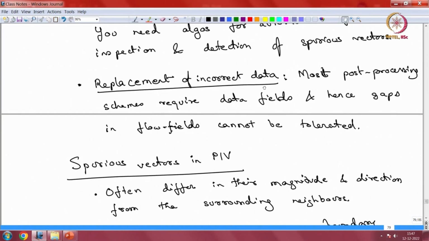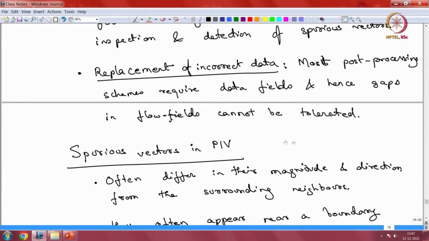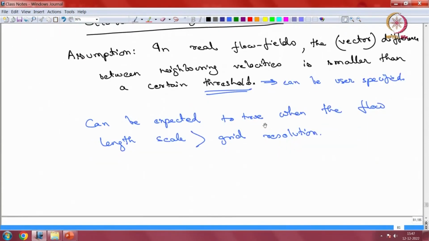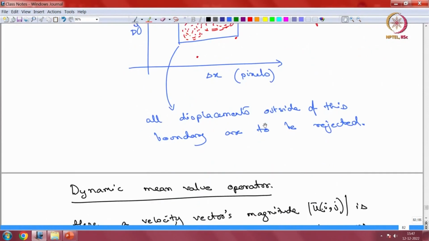In that type of situation, what you can do is use interpolation. So you already have a velocity field, and you use interpolation to calculate the new velocity. Wherever you have gotten rid of the velocity vector, you calculate the velocity vector at that grid location using an interpolation scheme. So this is what most commercial software will also do, and help you get the final data.